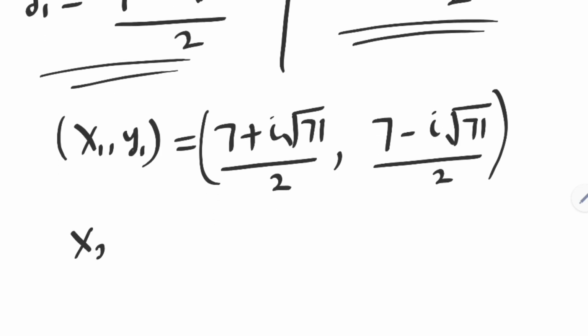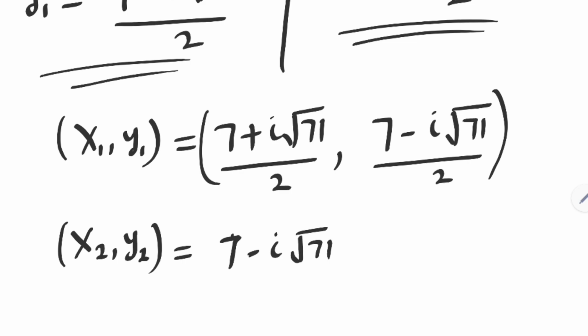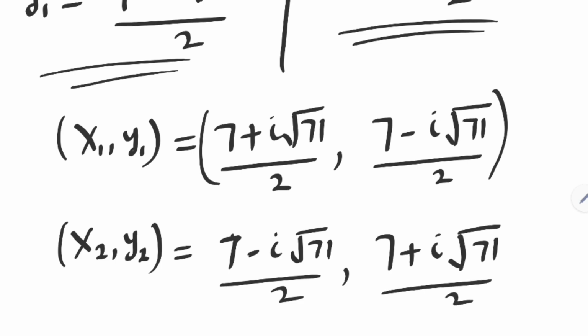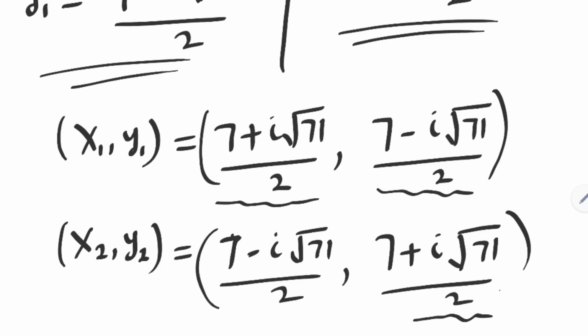Then x2, y2 is equal to 7 minus i root 71 divided by 2, 7 plus i root 71 divided by 2. You can see that the value of x1 here is equal to the value of y2 here, and the value of y1 here is equal to the value of x2 here. We may check to confirm if this answer is right or wrong. Let's check.